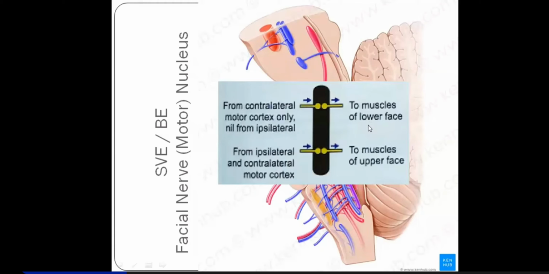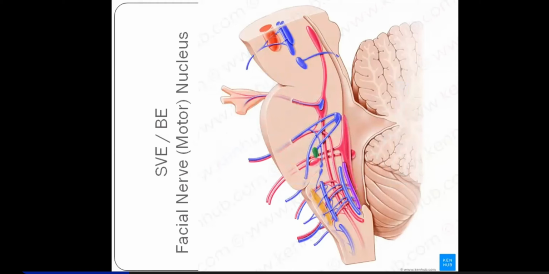So in short, remember that your lower half of the face has only contralateral representation at the cerebral cortex, while your upper part of the face has a bilateral representation. This is very important to understand facial nerve lesions, supranuclear lesions and infranuclear lesions. Remember that the infranuclear lesion of the facial nerve is called Bell's palsy, not the upper. Okay, good.